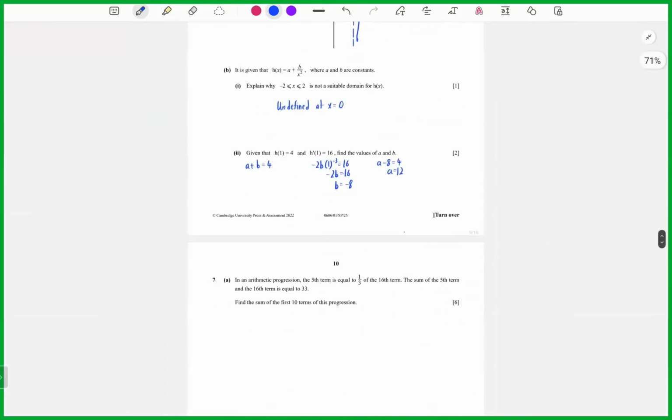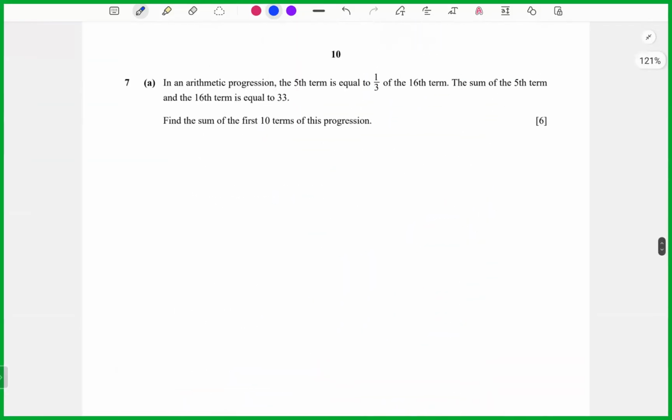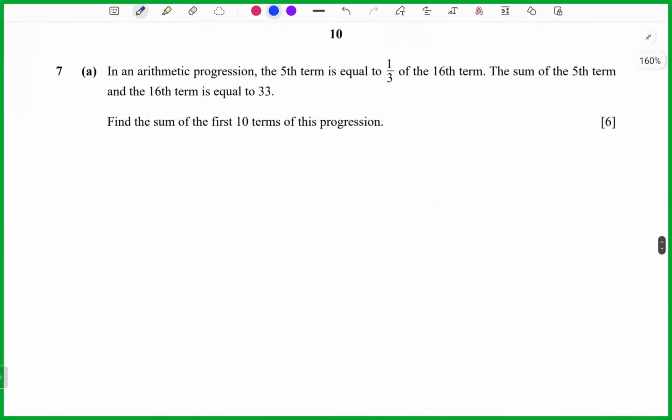So now let's see question 7. This is a series question. In an arithmetic progression, the 5th term is equal to 1 over 3 of the 16th term.